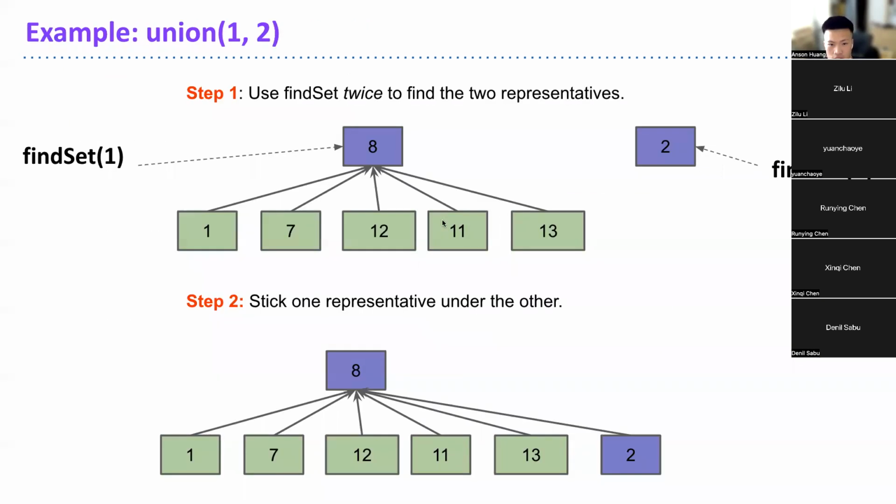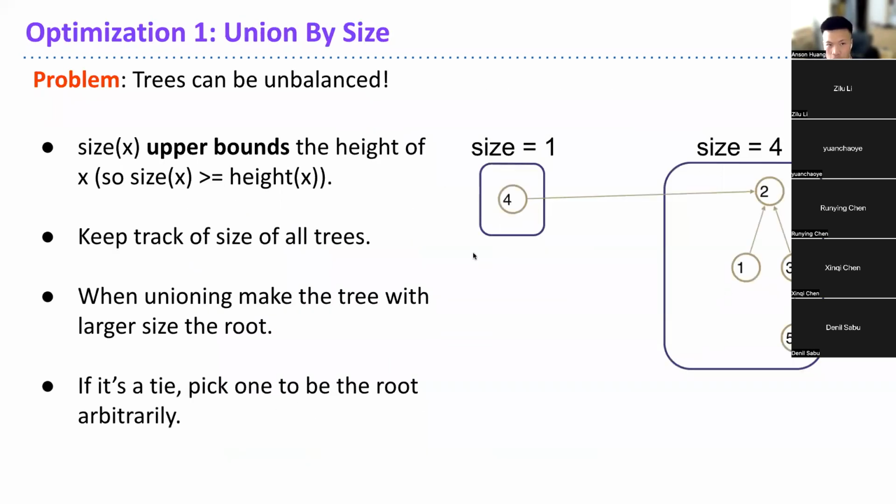And let's talk about some optimizations that make this a little bit faster. I hinted at this earlier, but trees can be unbalanced, right? In the worst case, we talked about how trees can be a linked list. So one way that disjoint sets try to get around this is using size.